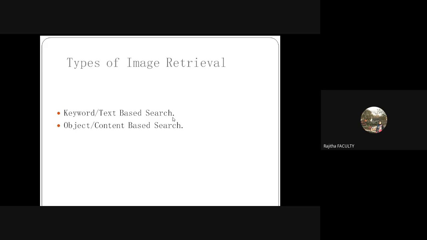You just drag and drop any image you have on your desktop or PC and click on search, right? It will display most of the images which are most similar to that query image. We didn't type any text. It is comparing the image content with the dataset image contents.